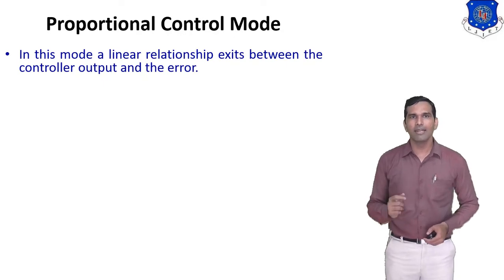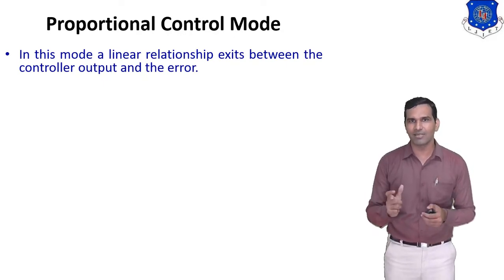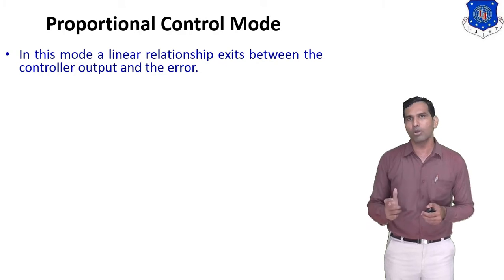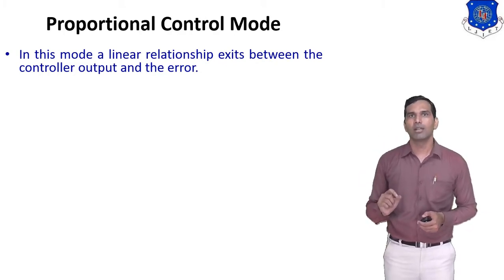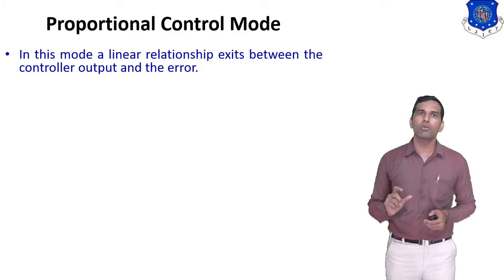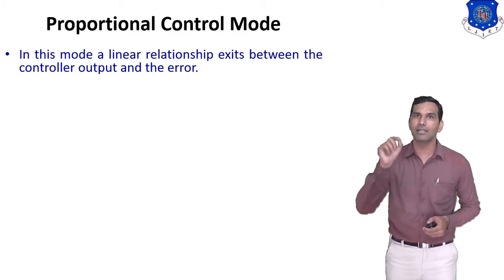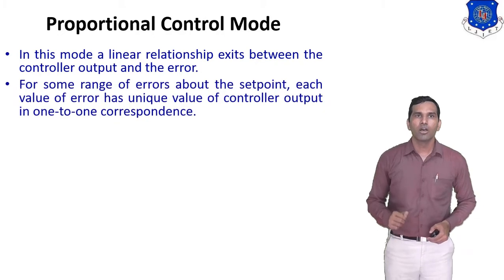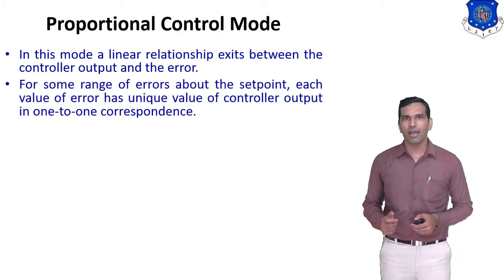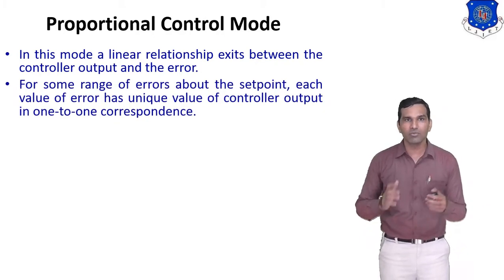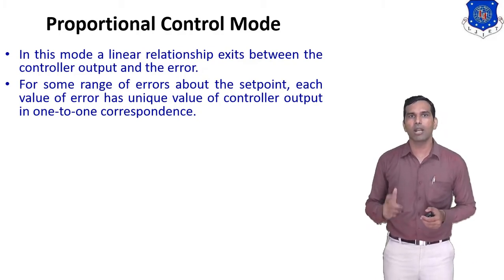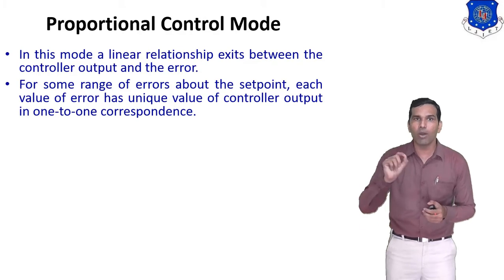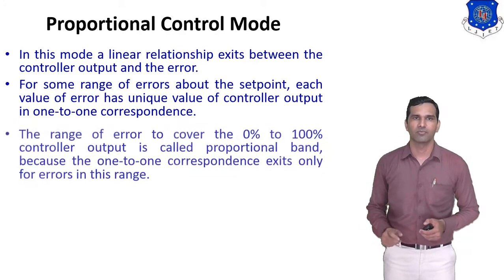In this mode, a linear relationship exists between the controller output and error. That means the relation between the controller output and the error is linear. For some range of error about the set point, each value of error has a unique value of controller output, in one-to-one correspondence.